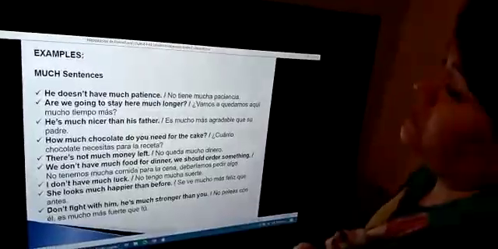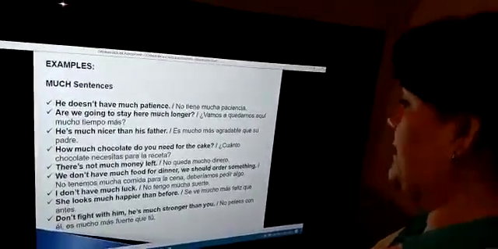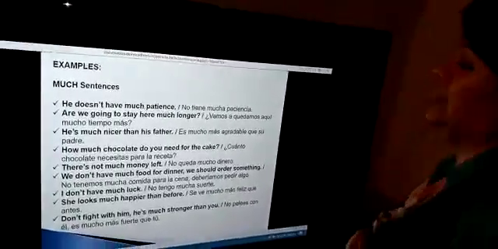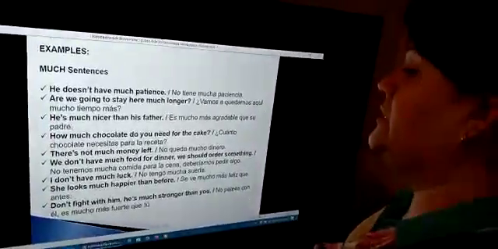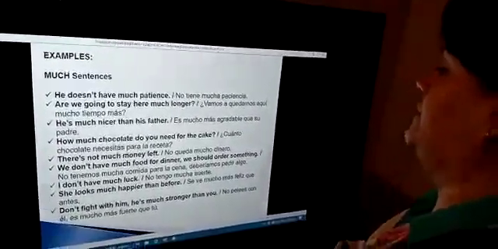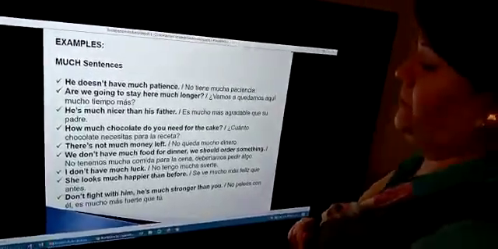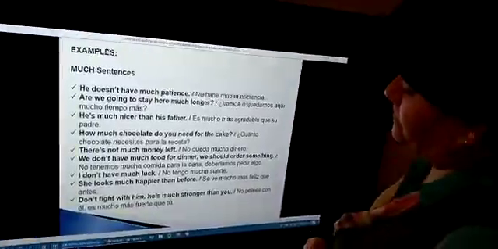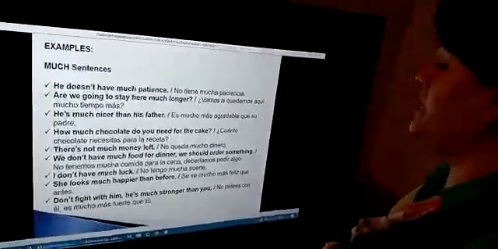The next question is, how much chocolate do you need for the cake? Spanish, ¿cuánto chocolate necesitas para la receta? The next, there is not much money left. En Spanish, no queda mucho dinero. The next example say, we don't have much food for dinner.